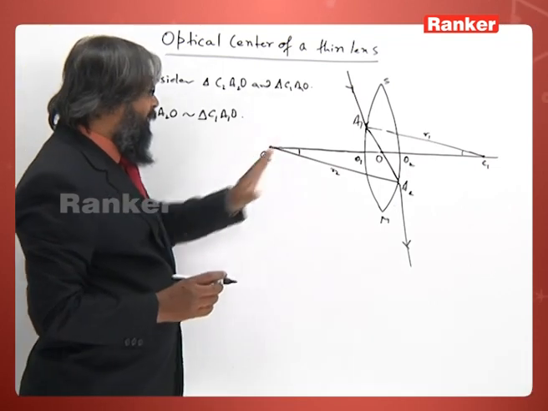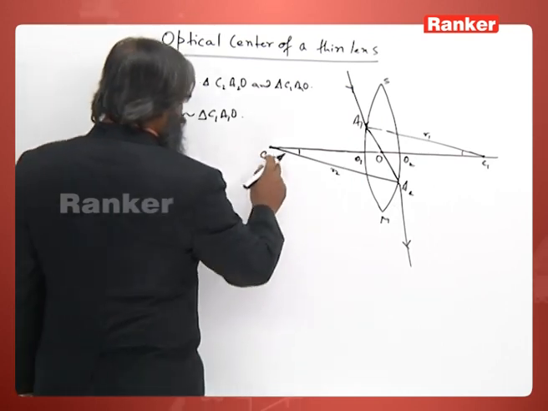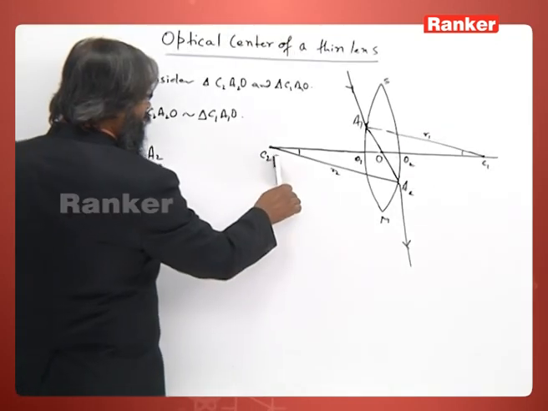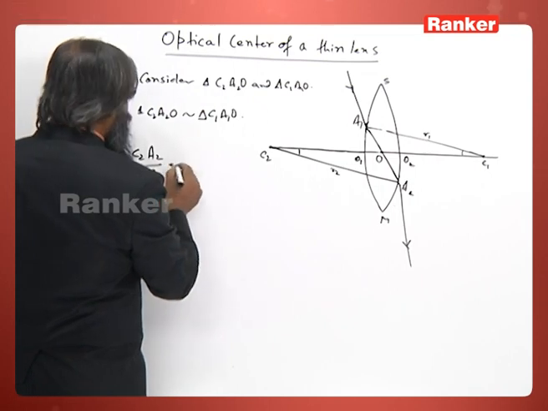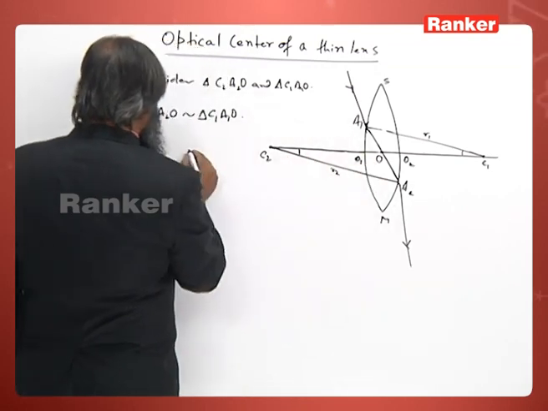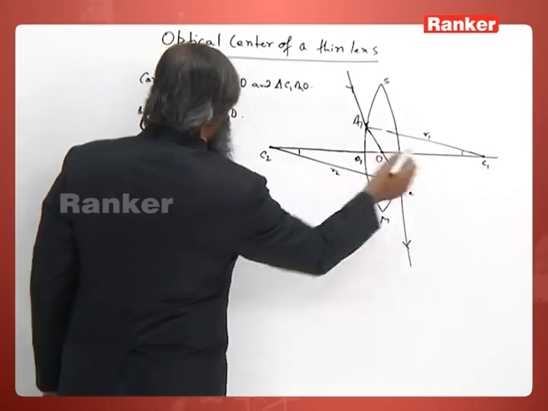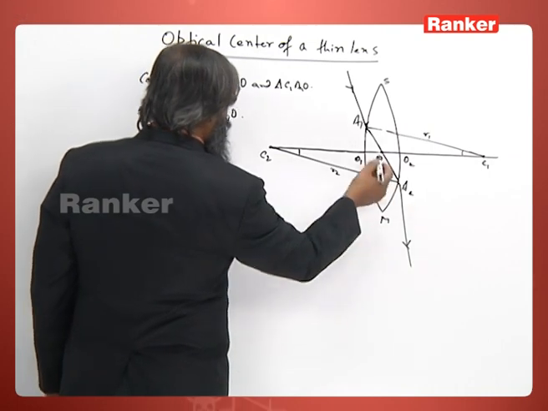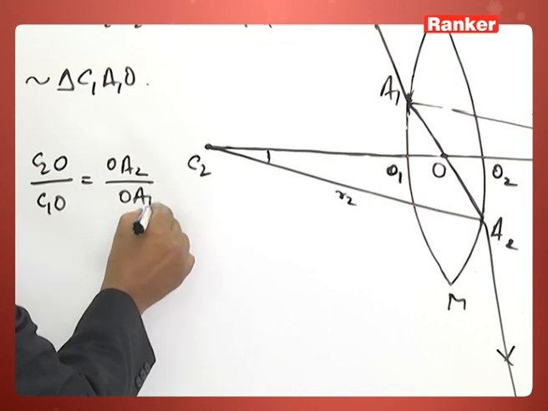So, if these two triangles are equiangular, then we will write C2A2 by C1A1 is equal to C2O by OC1, which is equal to OA2 by OA1.